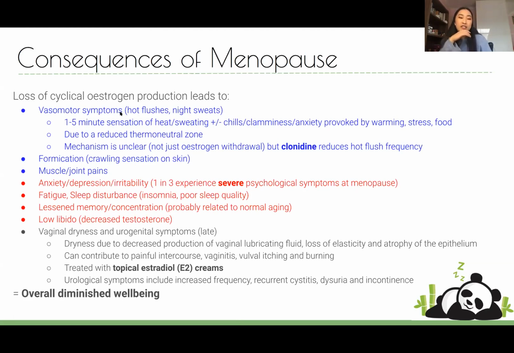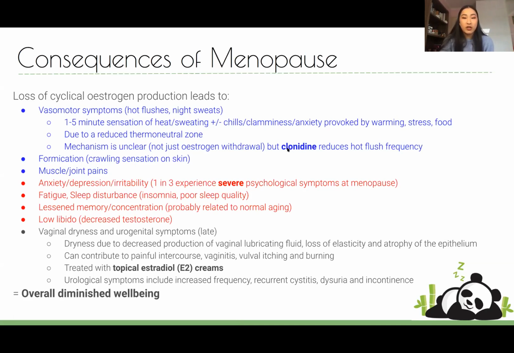And apparently this is theorized to be because of a reduced thermoneutral zone. So your body's tolerance for extreme temperatures is decreased. So you feel cold easier, and you also feel hot easier. So they get these periods of feeling really hot and sweating, alternating with chills and clamminess.